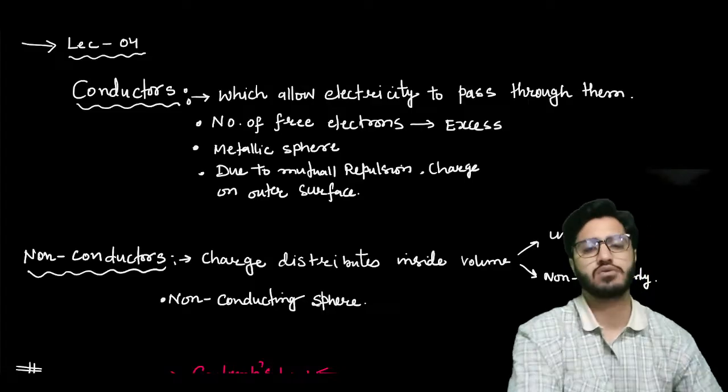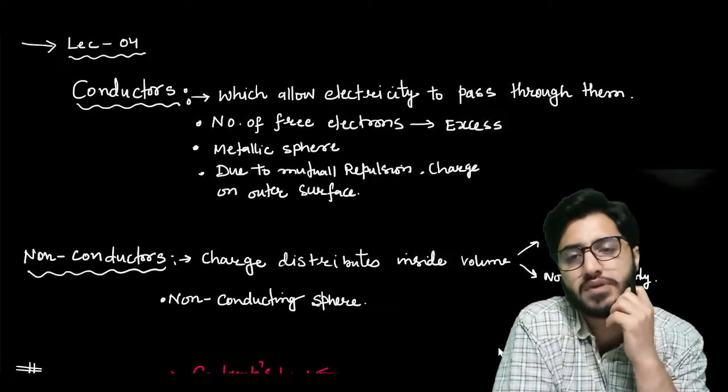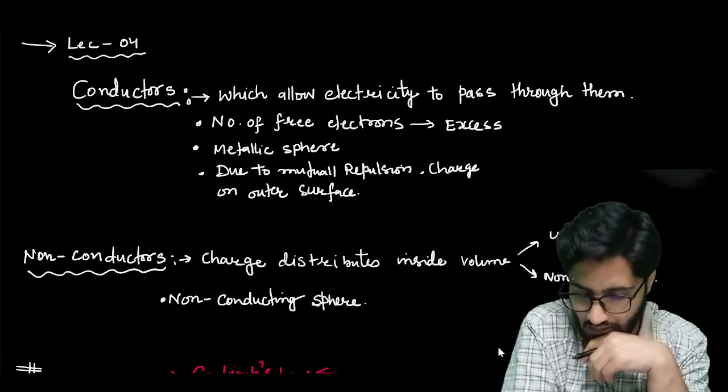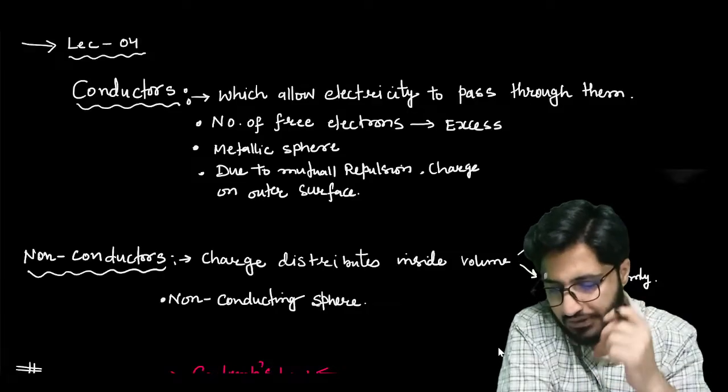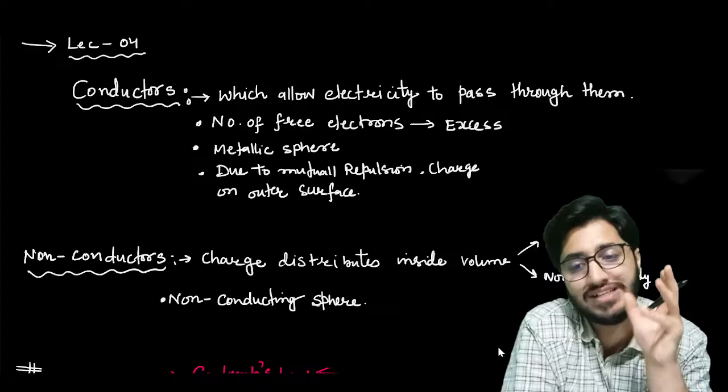So basically, we have two types of materials. In general, here we are dealing with two types of materials, right? One type of materials are known as conductors, and one type of materials are known as non-conductors.